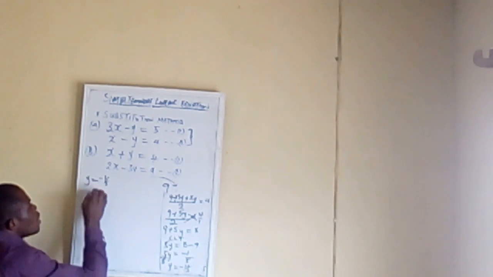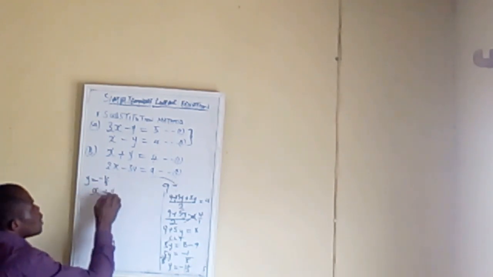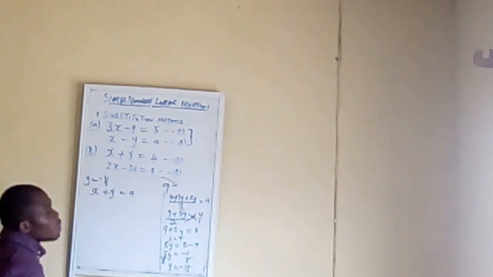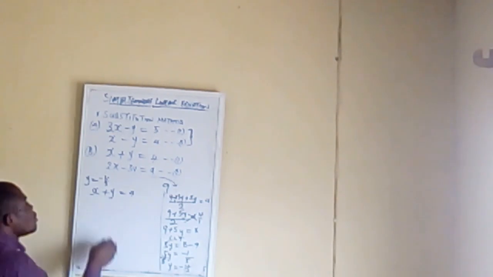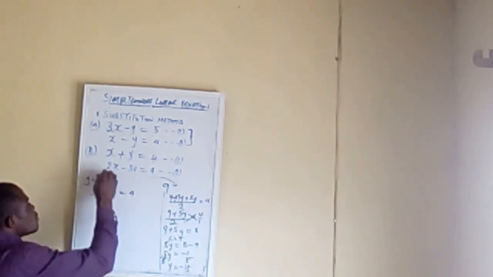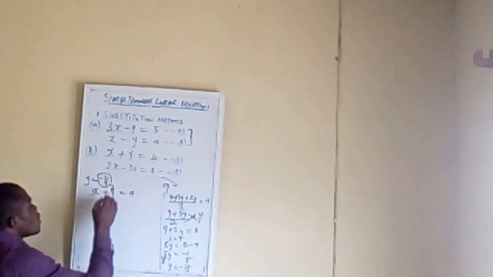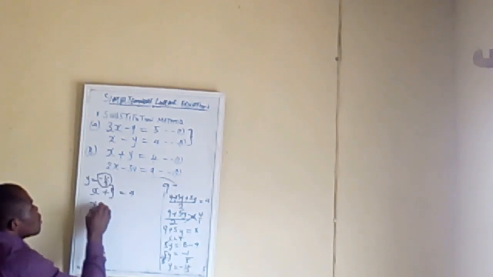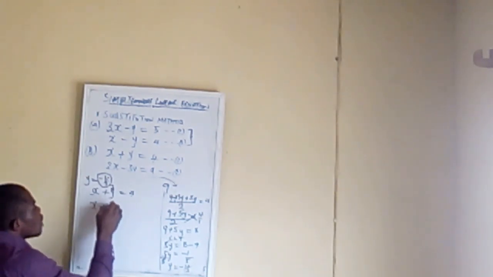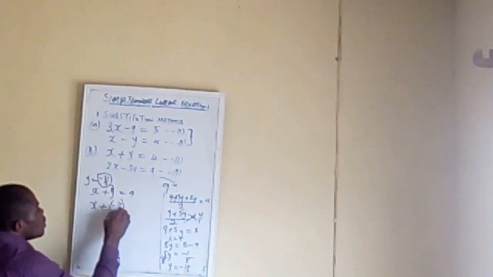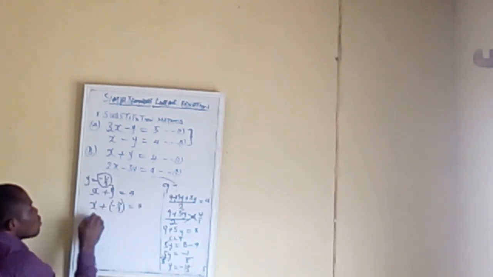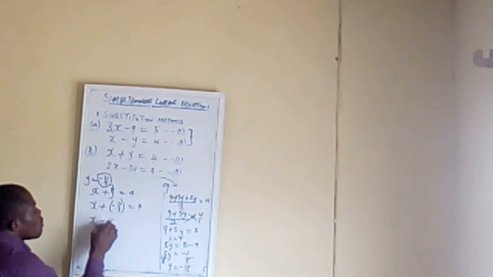Equation 1 says x plus y equals 4. But your y is minus 1 over 5. You can say x plus, in bracket, minus 1 over 5 equals 4.